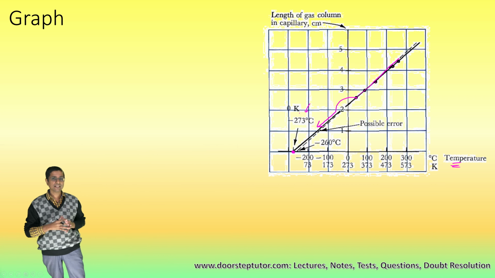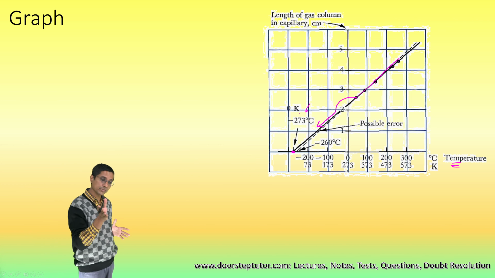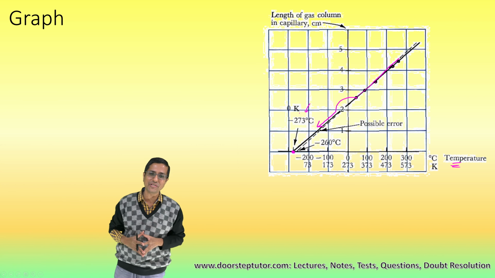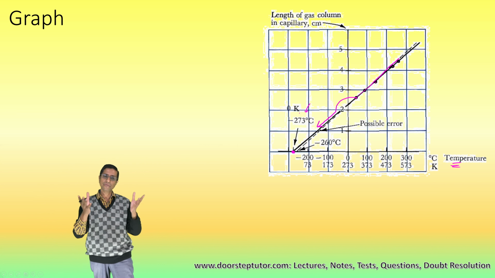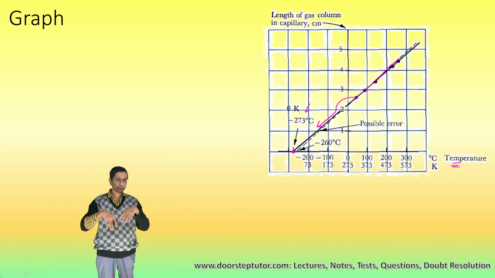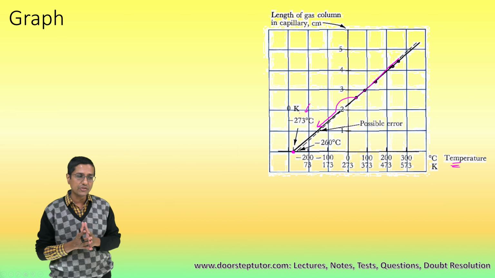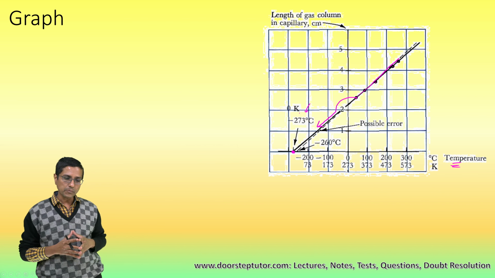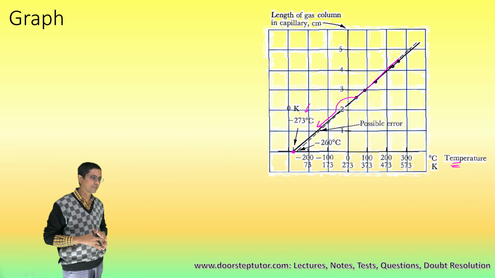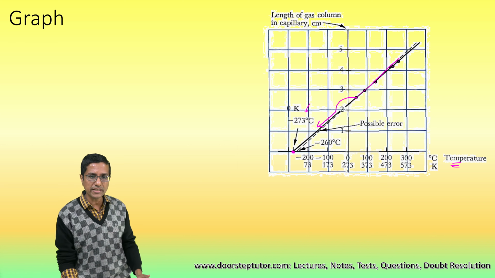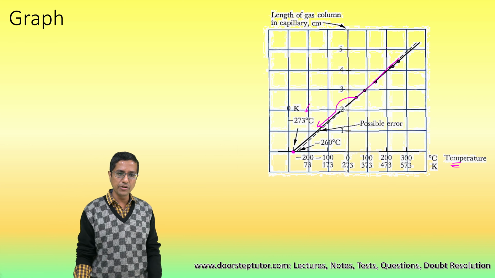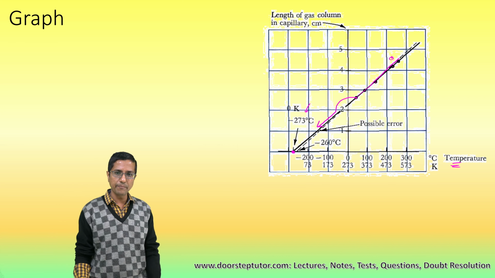It really means that at this temperature, if it were possible to take the gas to this temperature, theoretically its volume would become zero. Of course, we know that much before this temperature is reached, the gas would become liquid, and so on and so forth. But if I extrapolate this graph backwards, the zero volume is attained at a temperature of minus 273 degrees Celsius.